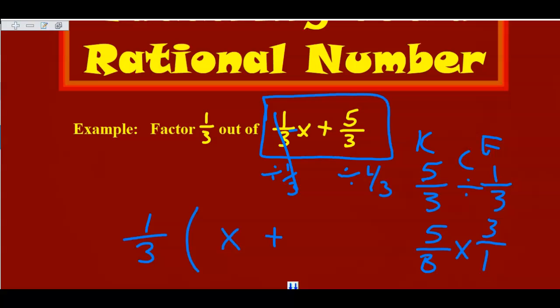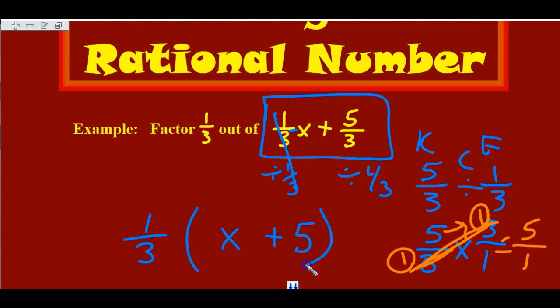We notice that there's a 3 in the numerator and the denominator, so that reduces and cancels out to 1. And now we just multiply straight across. 5 times 1 is 5. 1 times 1 is 1. The answer is 5. Okay.